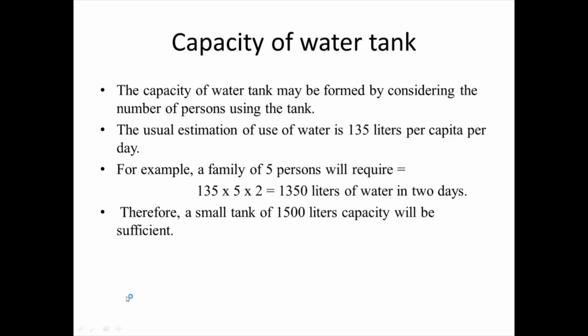So, the capacity of the water tank can be found easily by considering the number of persons using the tank. If you are going to build a water tank for a bungalow, you will find out how many persons will live in this area.